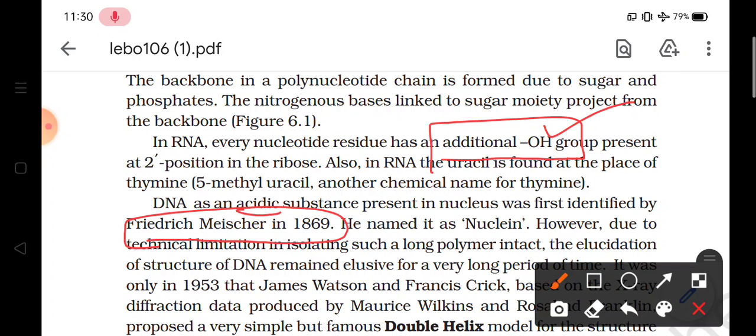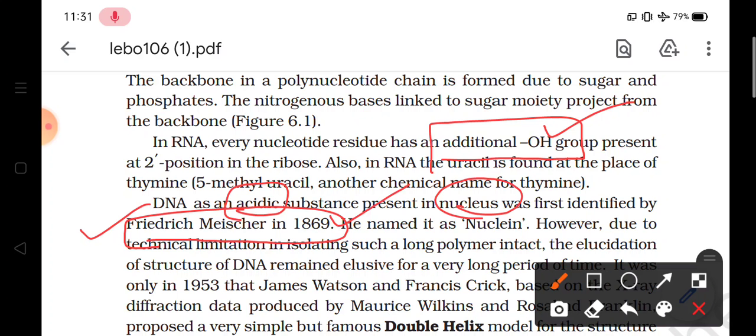So it is an acidic substance identified by Friedrich Miescher in the nucleus, in 1869, and Friedrich Miescher named it as nuclein. But because of the technical limitations, the isolation of this DNA, it took a long time to study and isolate the DNA from the nucleus.